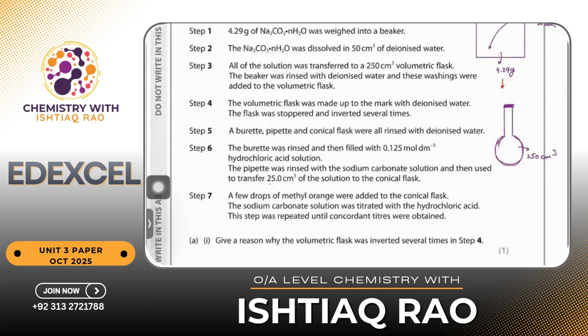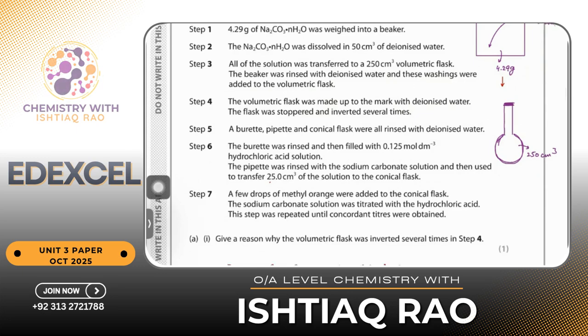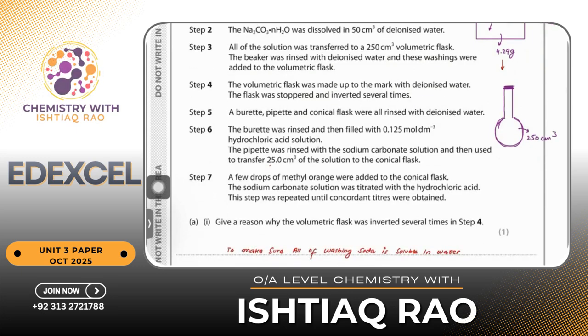Okay. So the beaker was rinsed with deionized water, and then these washings were added to the volumetric flask to make sure all the particles are transferred from this beaker to this volumetric flask. Just to make sure, okay? The volumetric flask was made up to the mark, like this is the mark, with DI water. The flask was stoppered and inverted several times so that the sample can be mixed in a proper manner, because we are going to make a solution, right?